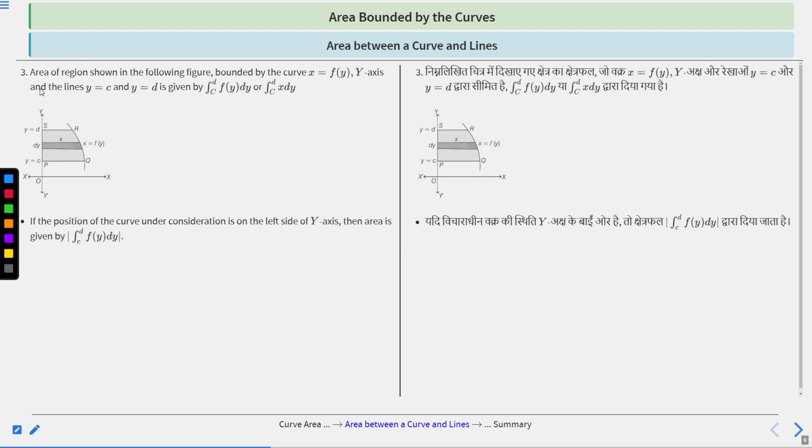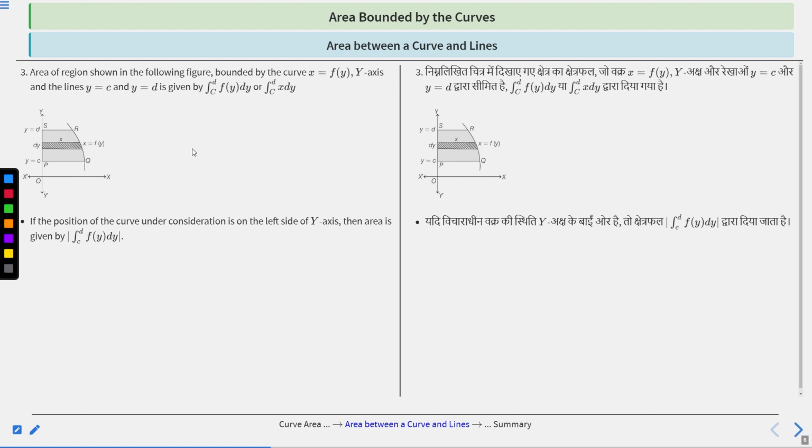Part third: the area of the region shown in the following figure, bounded by the curve x equal to f(y). Earlier we studied y equal to f(x) type curves. Here we are studying x equal to f(y).